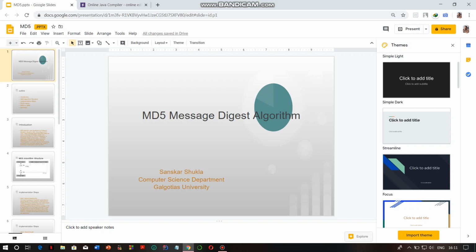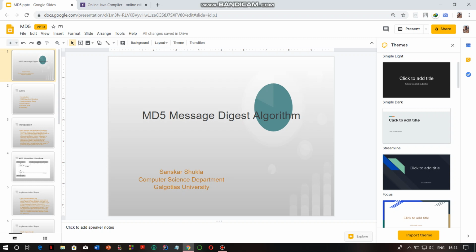Now, we'll know about what is the use of the MD5 algorithm. It was developed with the main motive of security, as it takes an input of any size and produces an output of, pardon, a 128-bit hash value, sorry.